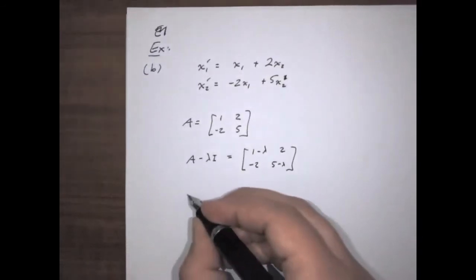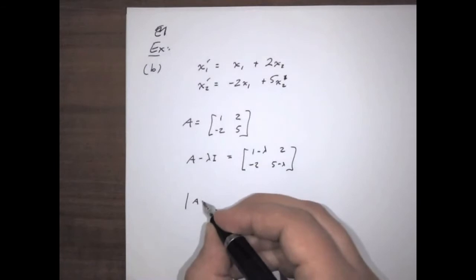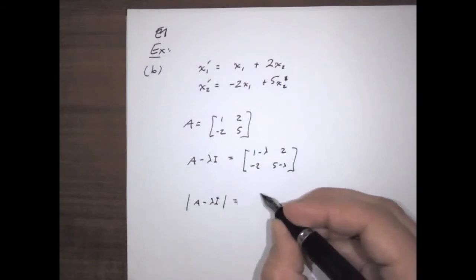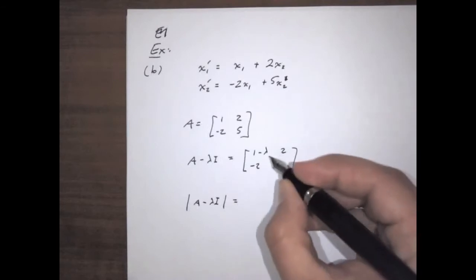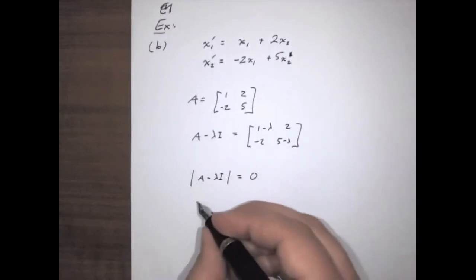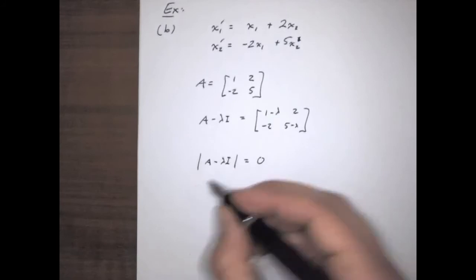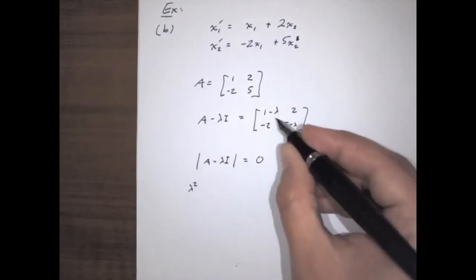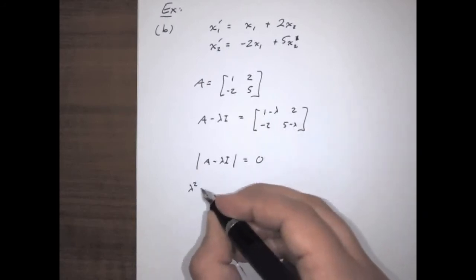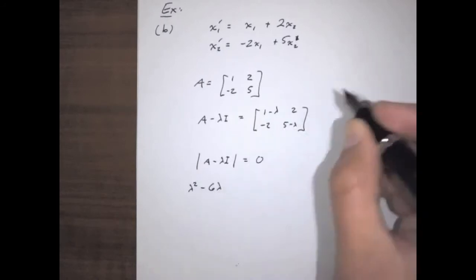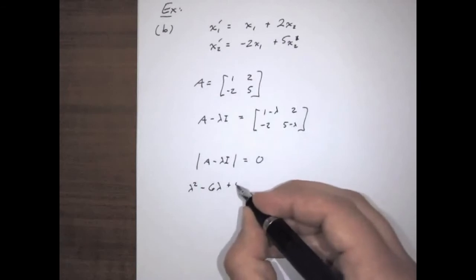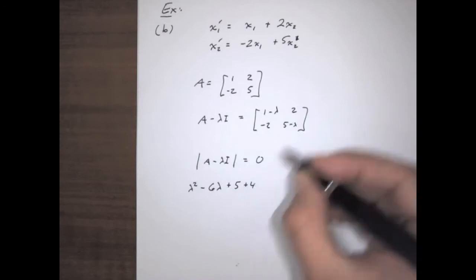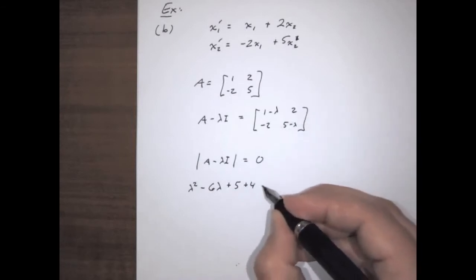Setting the determinant equal to 0, we get lambda squared minus 5 lambda minus 1 lambda, so minus 6 lambda plus 5, and then plus 4 because it's minus negative 4.